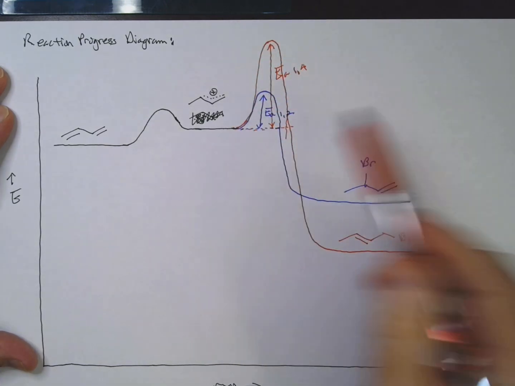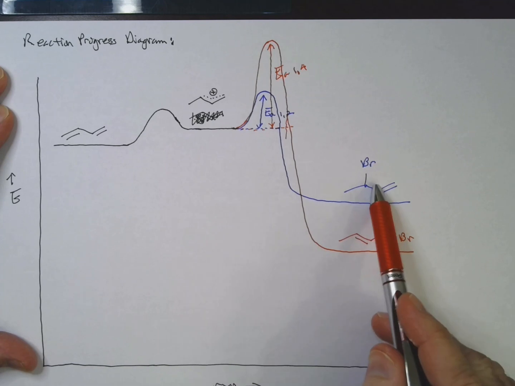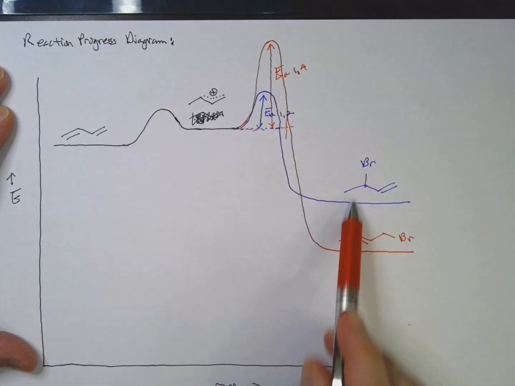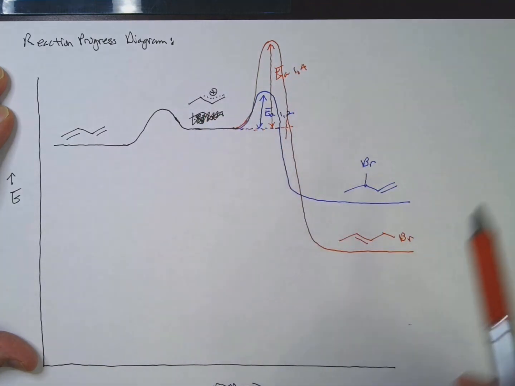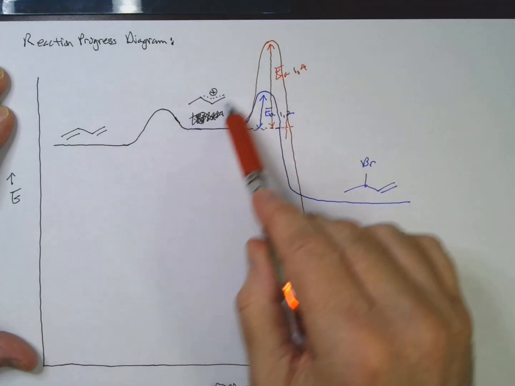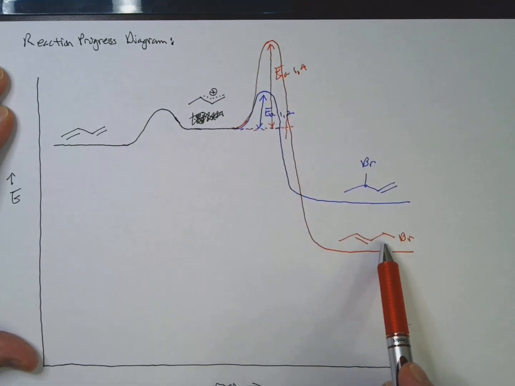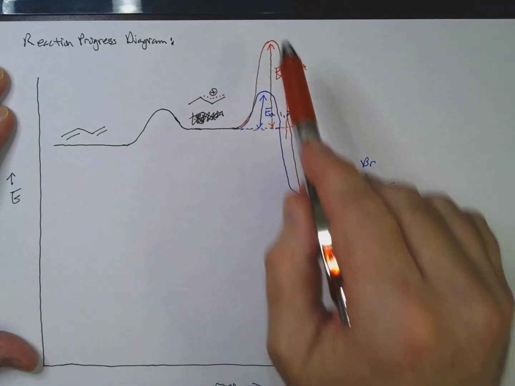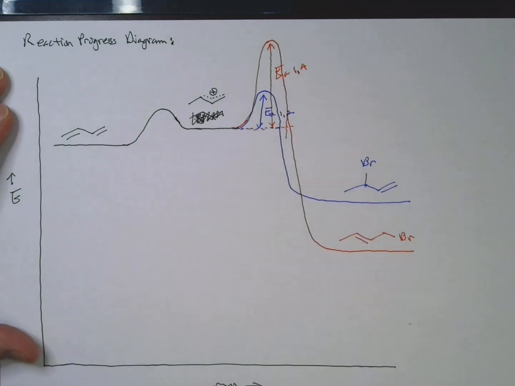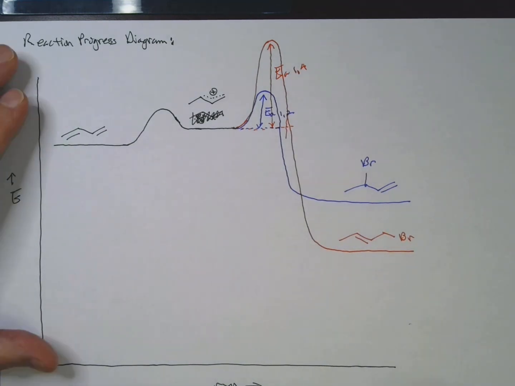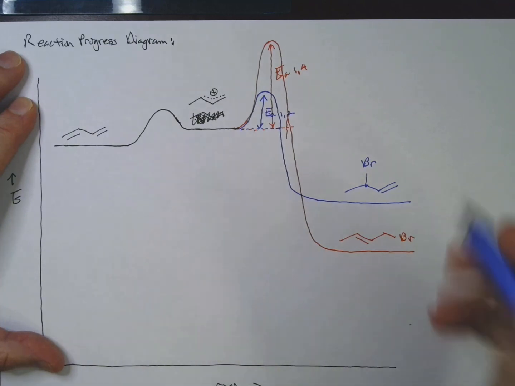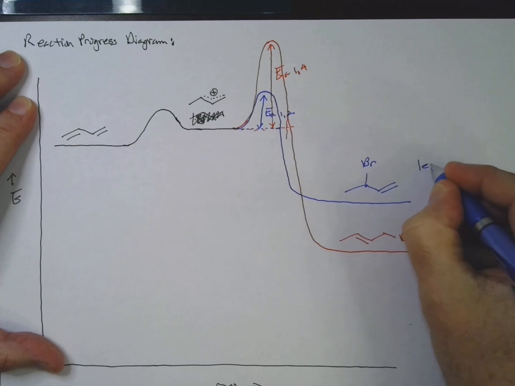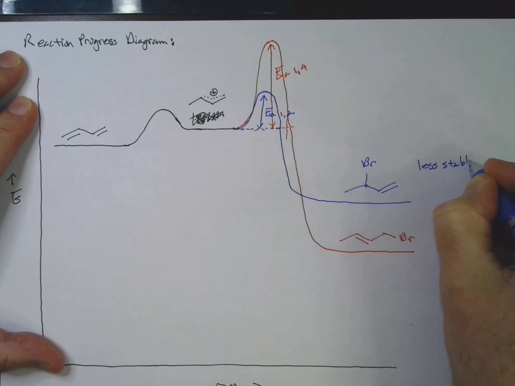In fact, at high enough temperature, when we make this product, it can actually do the reverse reaction and go back and forth, and with enough energy, a molecule of the carbocation will react with Br- and give us our product, and then it gets stuck here because this really is way too much energy for the reverse reaction to occur. So the idea is that we have less stable but easier to form.